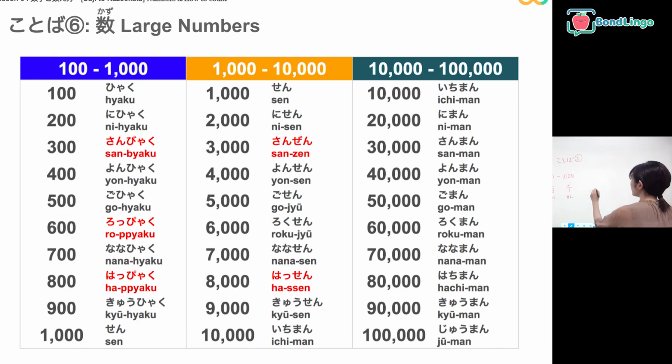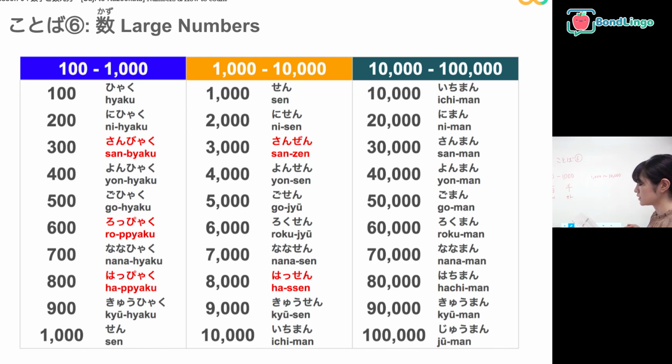Right, now let's count from 1,000 to 10,000. So again, 1,000. 2,000. 3,000. 4,000. 5,000. 6,000. 7,000. 8,000. 9,000.